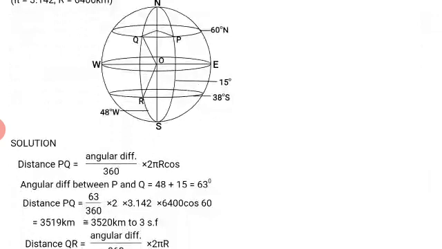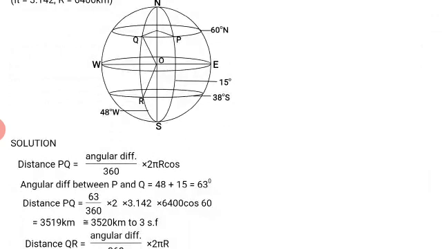Since Q and P are on different sides, Q in the west and P in the east, we are going to add their angles of longitude together, and that gives us 48 degrees plus 15 degrees to give us 63 degrees.